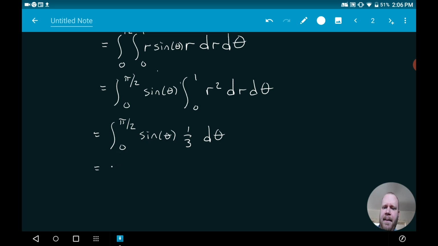And then sine of theta, so when we integrate that, put the 1/3 out in front, this is going to be, let's see, is that negative or positive cosine? Integral of sine is negative cosine. Where theta is between 0 and pi over 2.